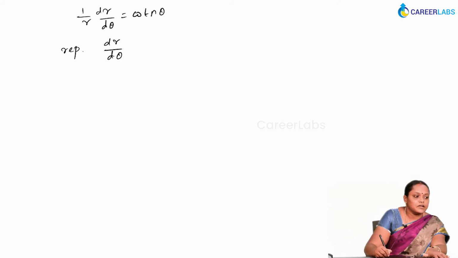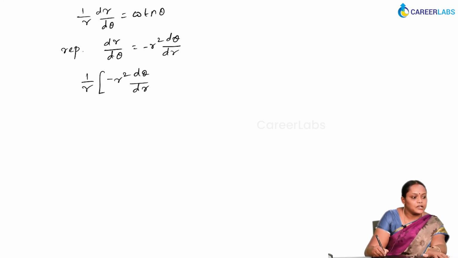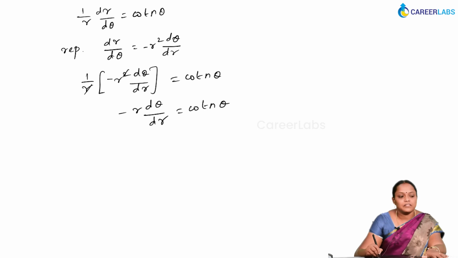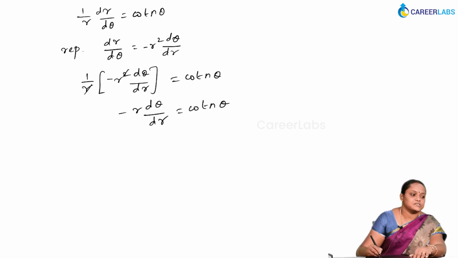Now we are going to replace dr by d theta by minus r square d theta by dr. So already we have 1 by r, and in this part it is minus r square d theta by dr is equal to cot n theta. So here r will get cancelled and it will be minus r d theta by dr is equal to cot n theta. Now we are going to separate the variables, theta separately and r separately.